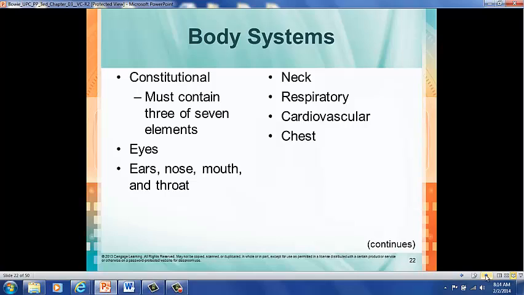For a multi-system exam and all the single organ examinations, there are 4 types of examinations. Table 3.5 in your work text lists the type of exam and the number of elements that must be performed and documented by the provider to justify the examination level of multi-system exams.